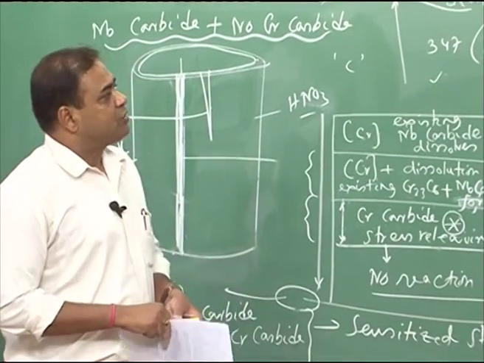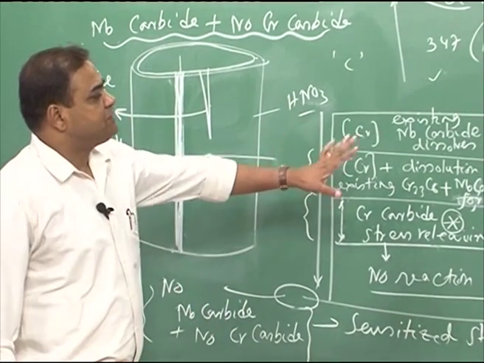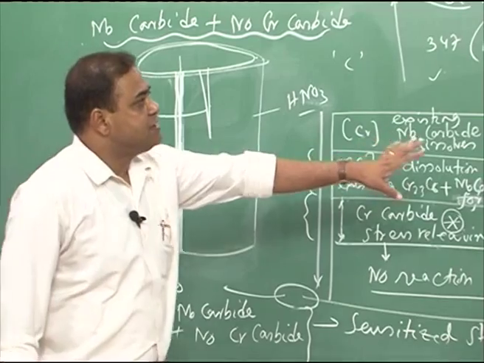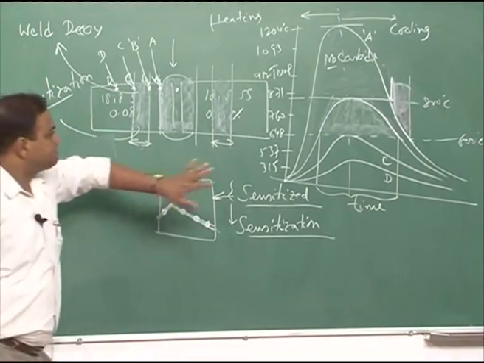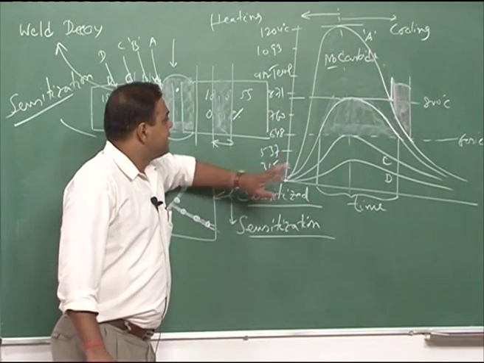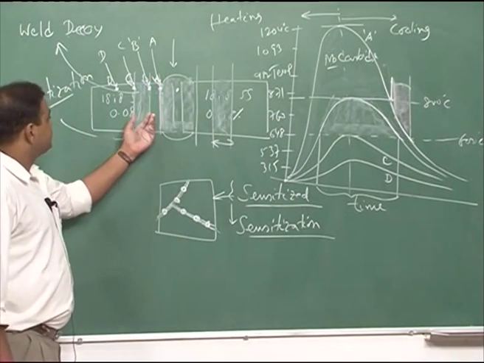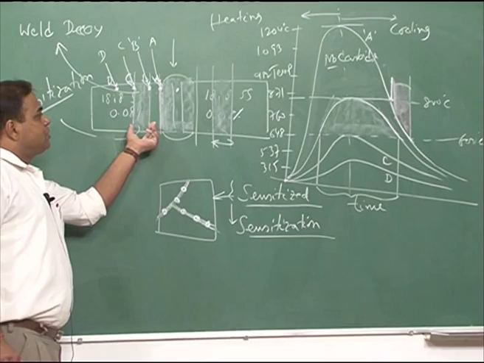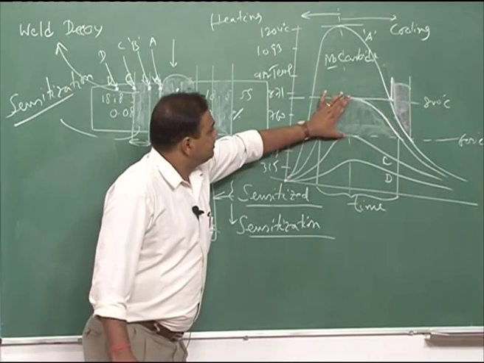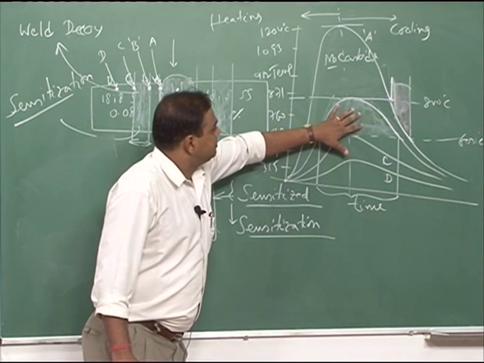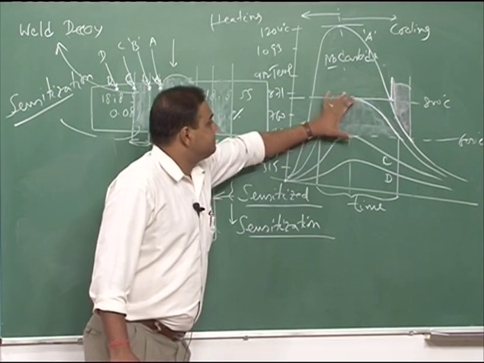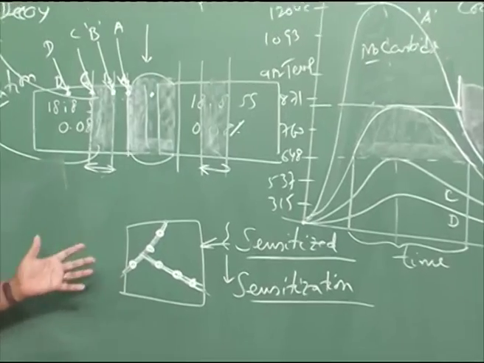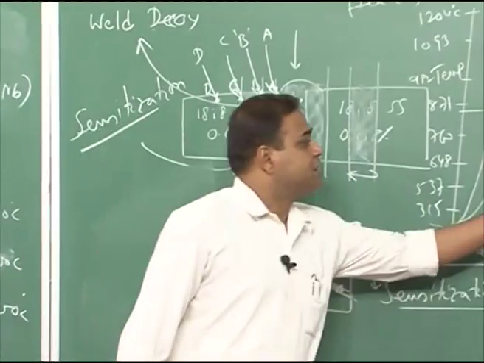And there could be the possibility of sensitization in case of stainless steel and weld decay. We have already explained how weld decay happens: the heat affected zone, the narrow band of metal, is in the temperature zone which is most critical for chromium carbide precipitation for a longer duration.